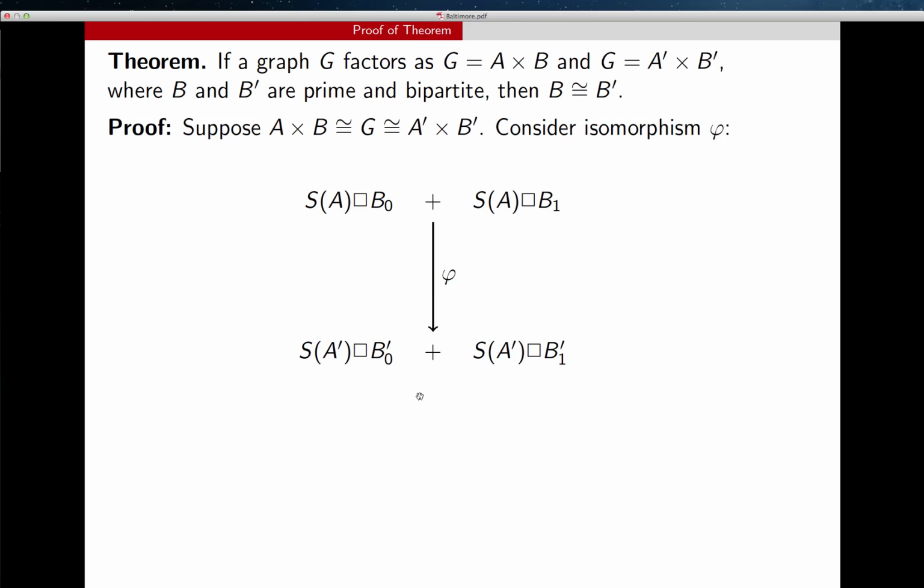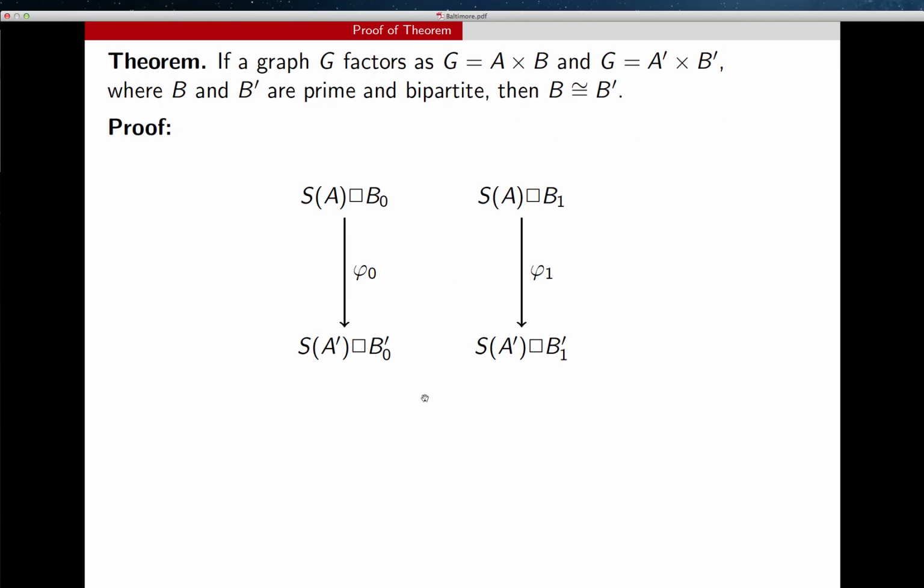Now, what phi is doing is, keep in mind that we have one component here and another component right there. So the skeleton consists of two disjoint copies, and the same for down at the bottom. So phi is really something that can be broken up into two isomorphisms on the respective components.